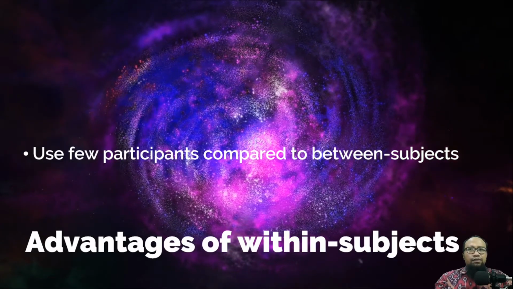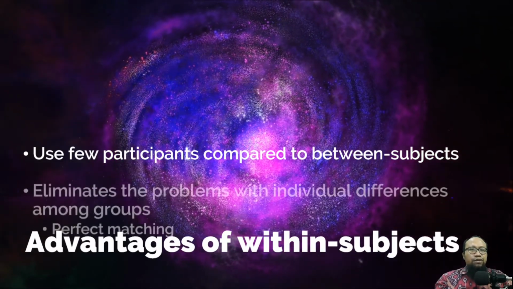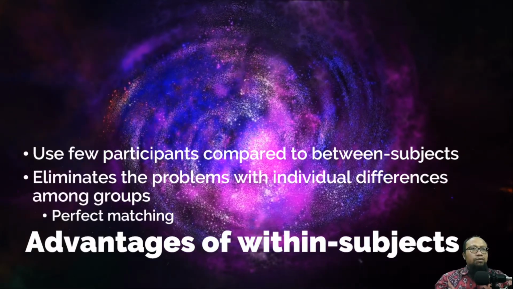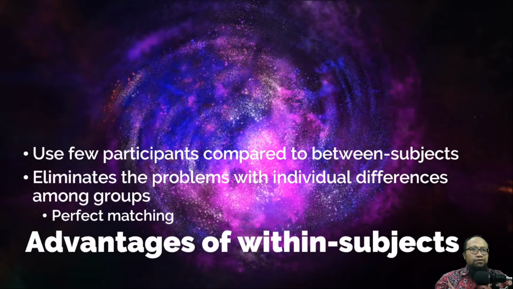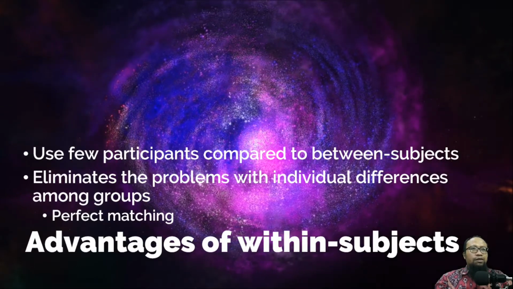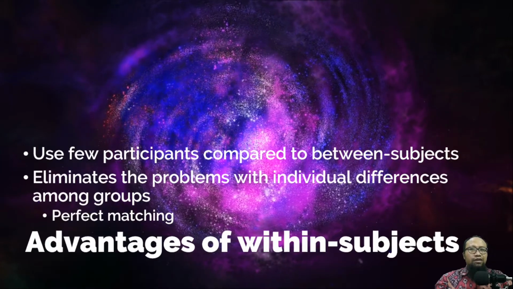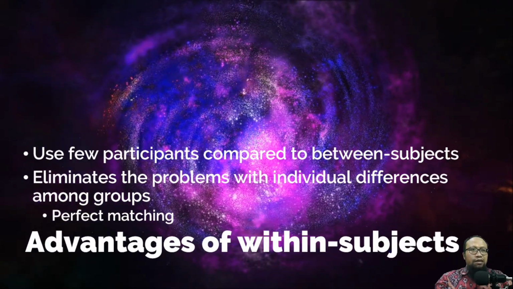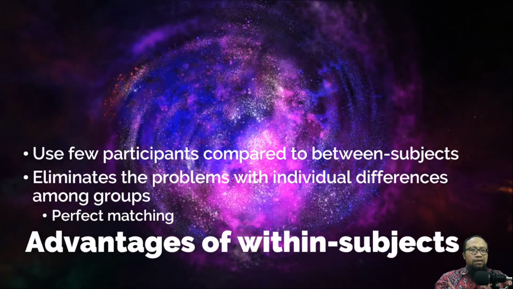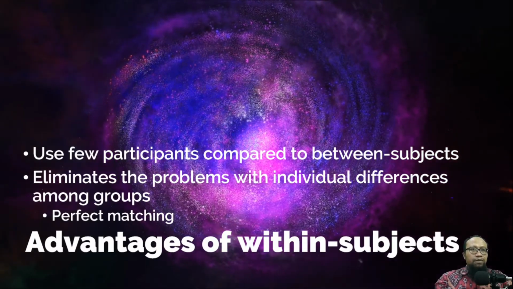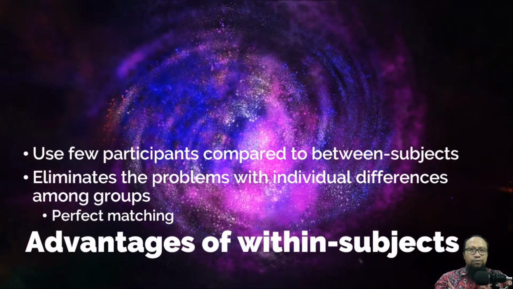Another advantage is that it eliminates the problems of individual differences among groups. So we have perfect matching. We don't have to conduct matching again, because within subjects design has no individual differences between groups. There is only one group of participants.